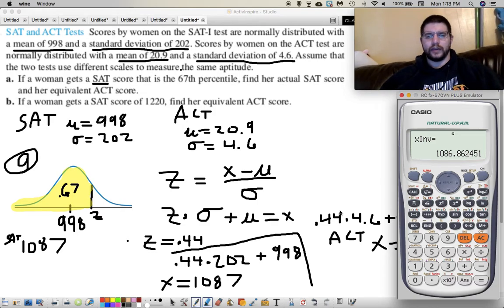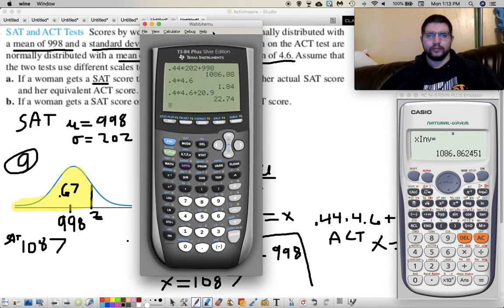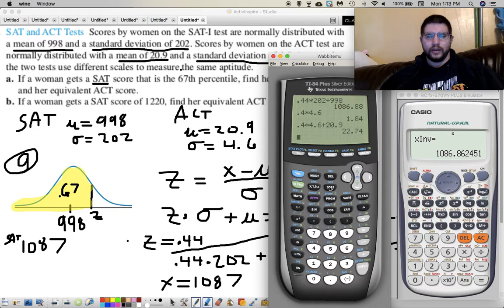So calculators are very nice. TI, same thing. 0.67. The mean is 998. 202 for the standard deviation, and again, we get 1087.